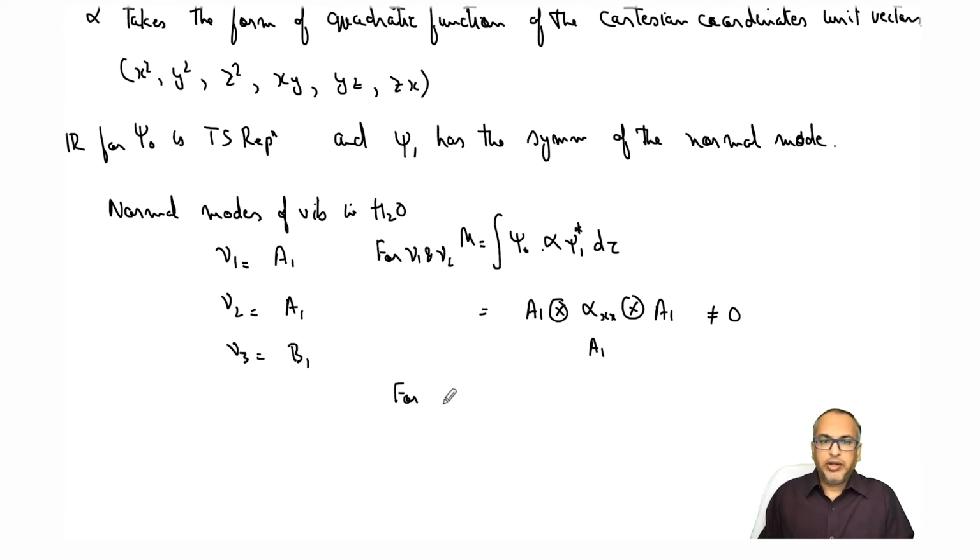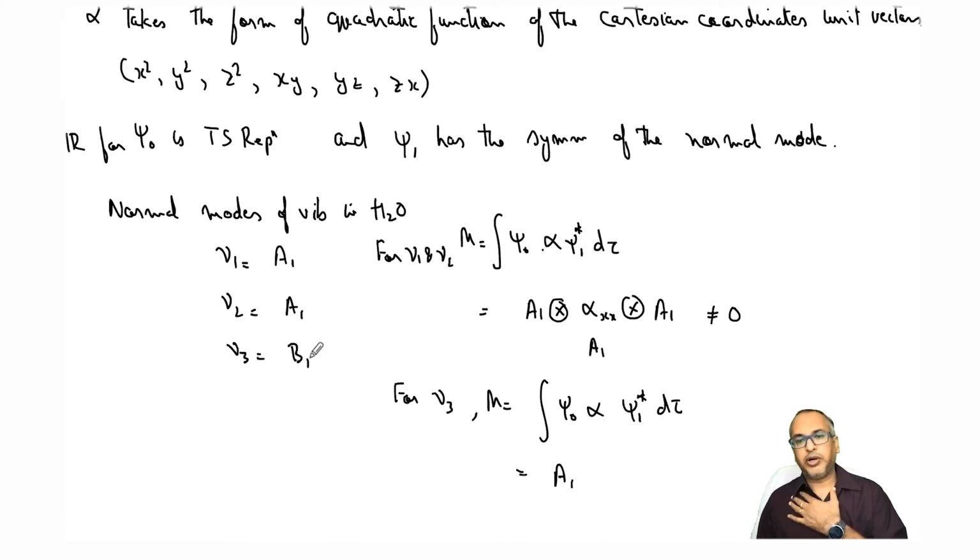Now for nu 3, m is equal to psi 0 alpha psi 1 star d tau. Psi 0 is always A1. Now you have to find if there is any binary product of Cartesian coordinate unit vectors which has the symmetry of B1. Okay, so I think alpha xz has the symmetry of B1.